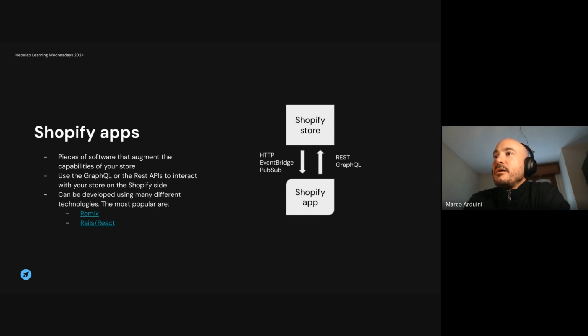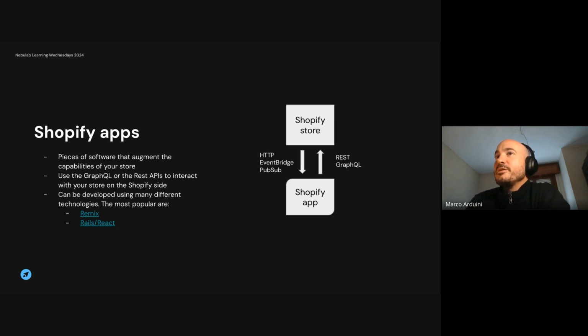So how does an app communicate with your Shopify store? Essentially, for the backend at least, through webhooks. Webhooks can use 3 different technologies, but there's not really a big difference between them. One is basic HTTP calls, and the other two are queue-based.